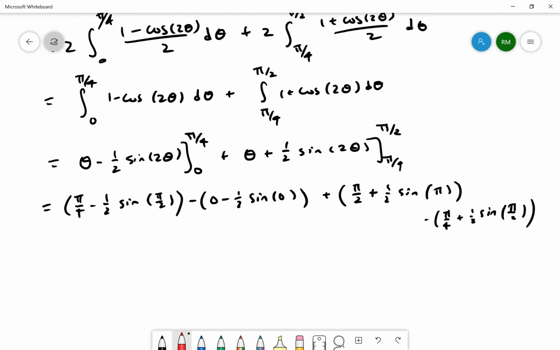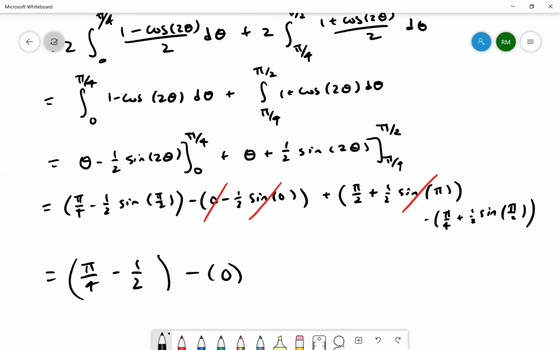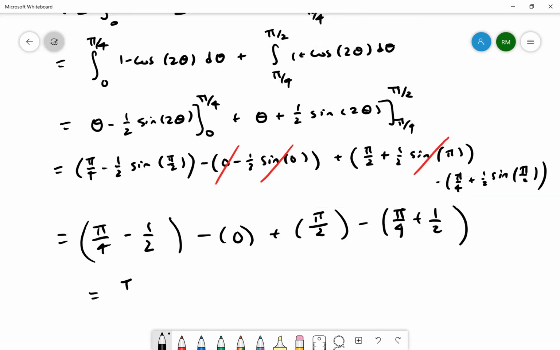So we see that this is 0, this is 0, and this is 0. So this will equal pi over 4 minus 1/2 minus 0 plus pi over 2 minus pi over 4 plus 1/2. So if I combine all these, I should get pi over 2 minus 1 as my area.